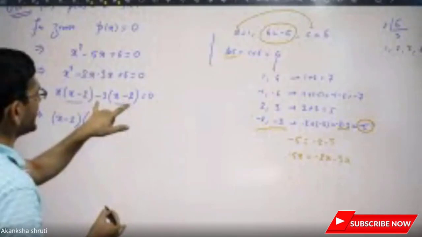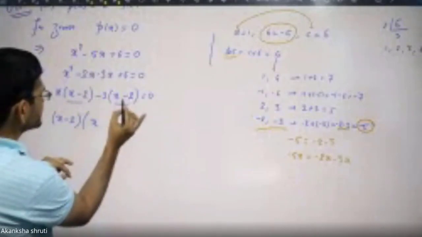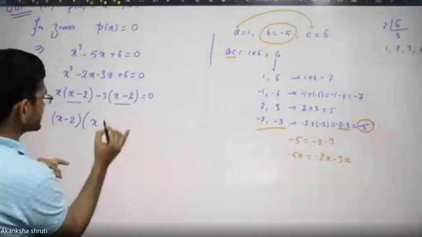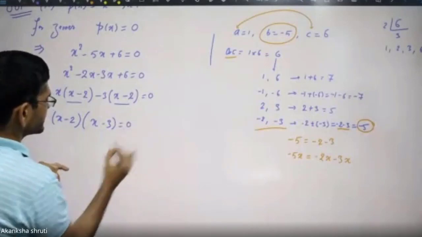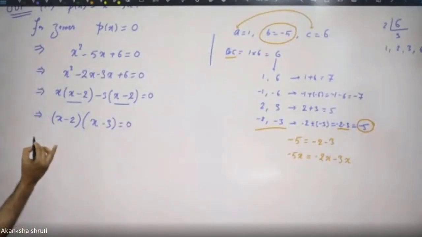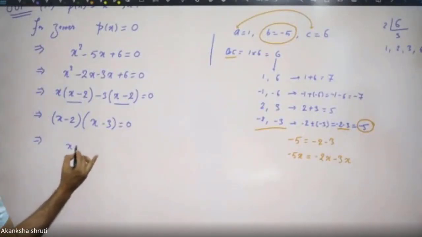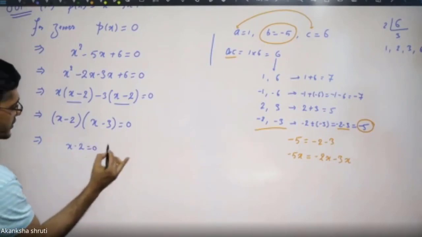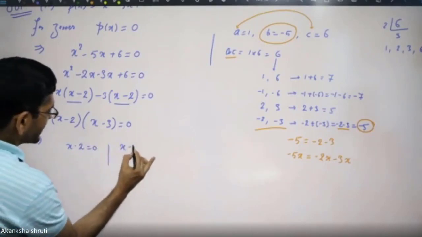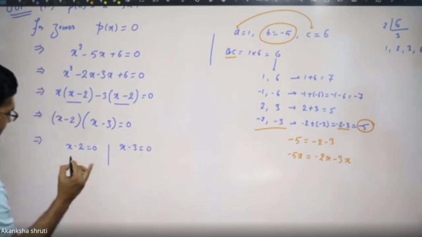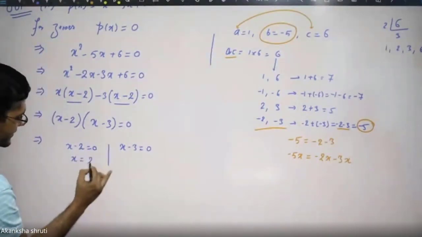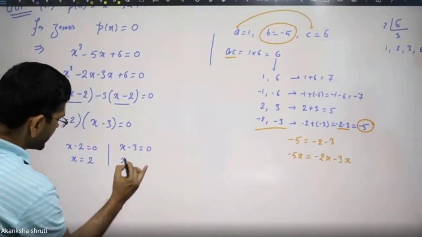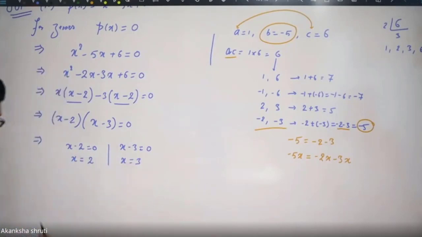The second, x minus 2 is out, so minus 3 is left. Now here we have to equate each of them to 0, x minus 2 to 0 and x minus 3 to 0. Here it gives us x is equals to 2, and here it gives x is equals to 3.